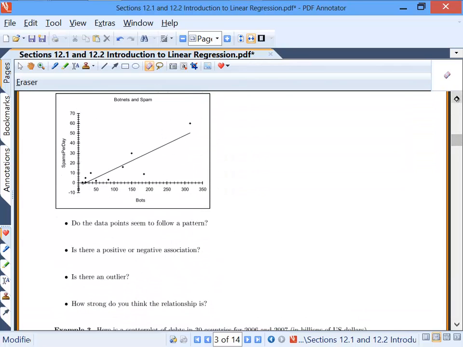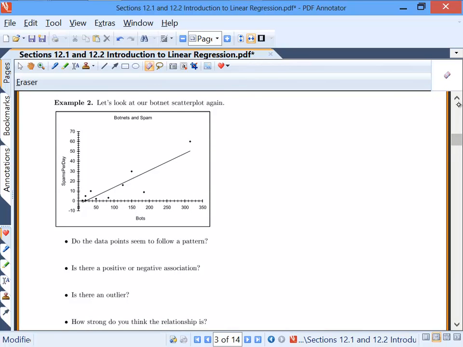Okay, so if we look at our botnet scatter plot again, do our points seem to follow a pattern? It could be kind of linear. Now when I ask you how strong you think the relationship is, you're all saying kind of linear, so you feel like the relationship is not super strong.